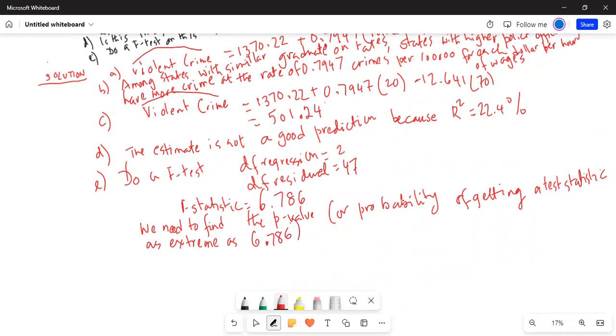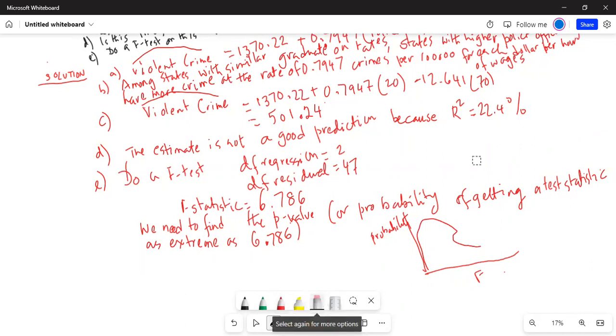Okay. So let me draw the F curve for you. This is probability on the vertical axis and F values on the horizontal axis. And the F curve looks like this. Oops, we erase it and draw it nicely. So not like this.